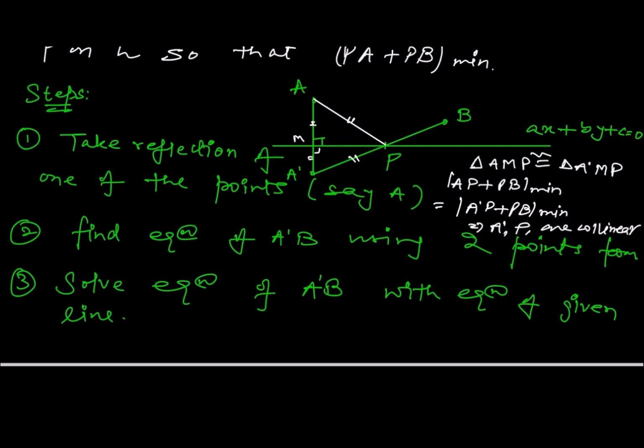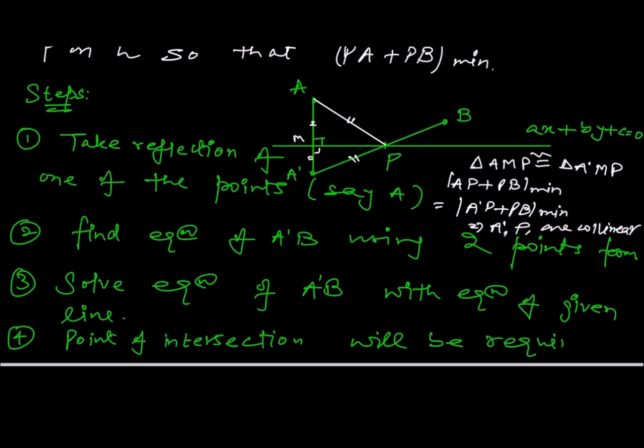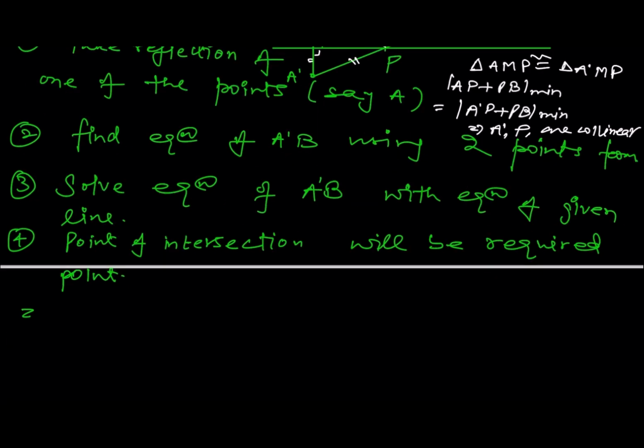Okay, so I can say point number 4 is the point of intersection will be the required point. So PA plus PB minimum is nothing but A dash B.